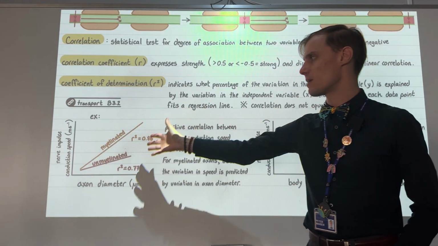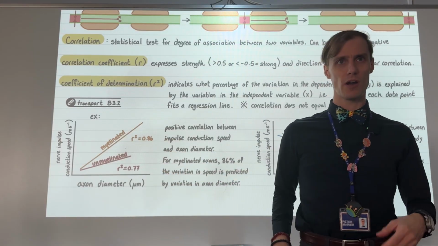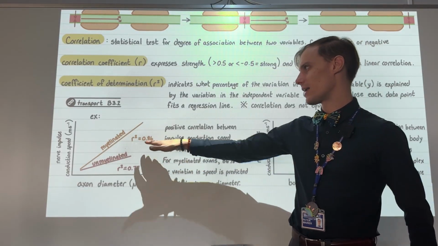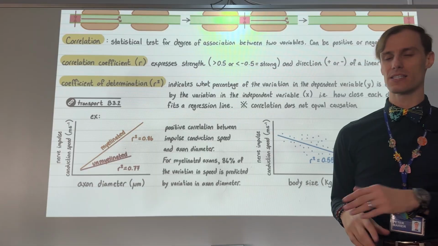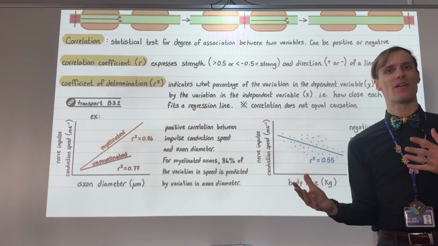We see something similar being shown here. Now, if we explore these two R-squared values, notice that this trend line had an R-squared of 0.86 versus this one, which had an R-squared of 0.77. Well, what do these values really mean?